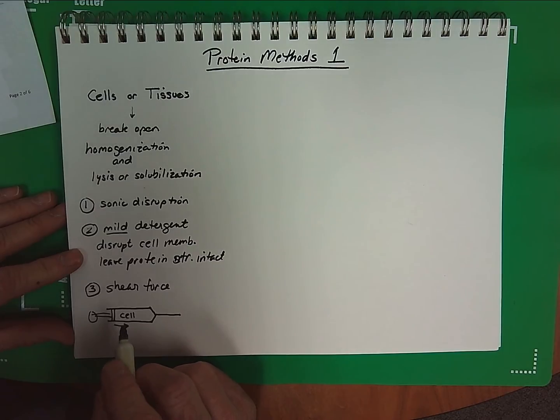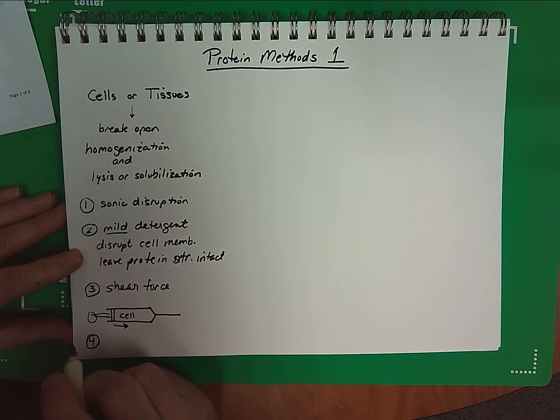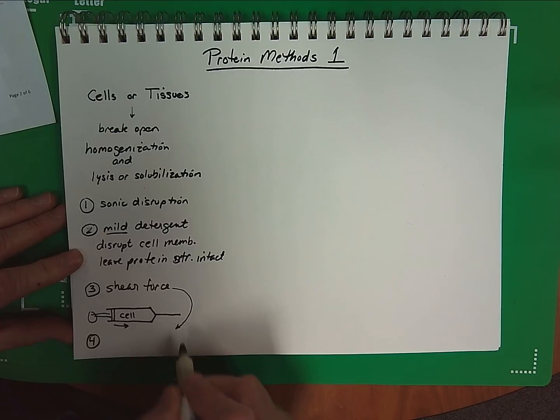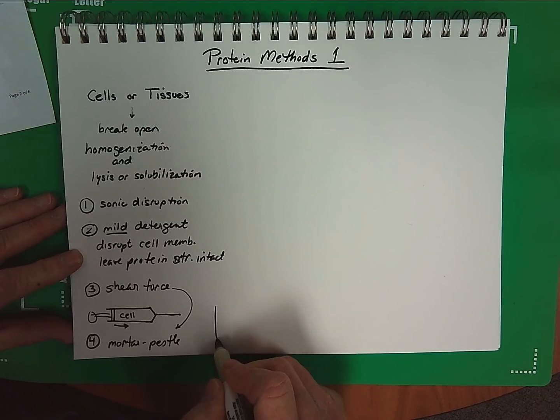And finally, the fourth way to disrupt cells is also another type of shear force. But this uses what's called a mortar and pestle. Same type of mortar and pestle that you've seen before.